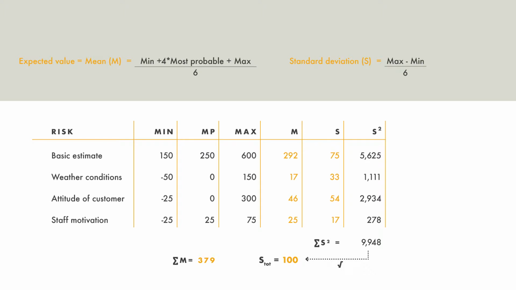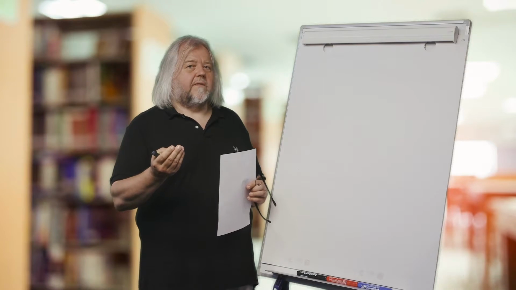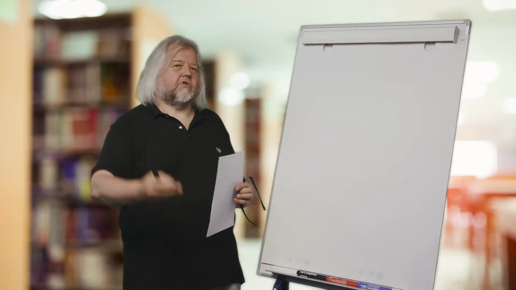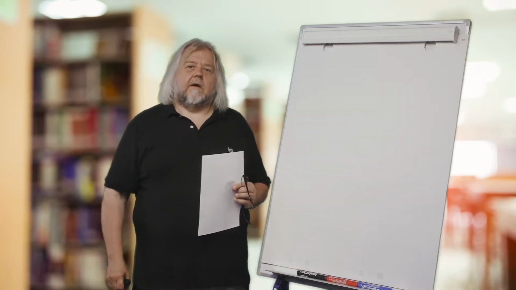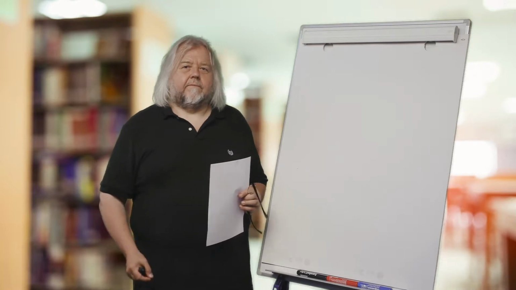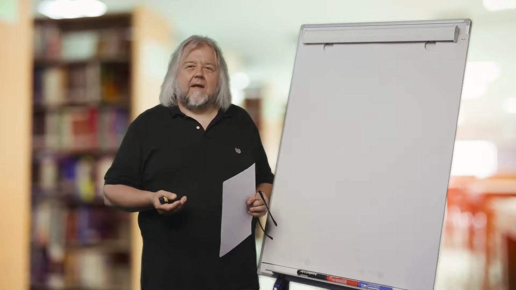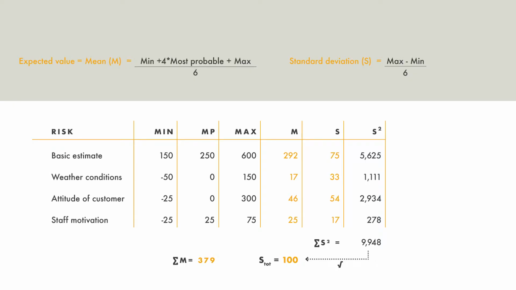How do we then go on when we have these 4 risks or 4 probability distributions that we assume as independent? That is one important assumption that we make by calculating the total risk from these component parts of the project risk. We calculate the sum of the mean values of those probability distributions, and we get the mean value of the total risk distribution.